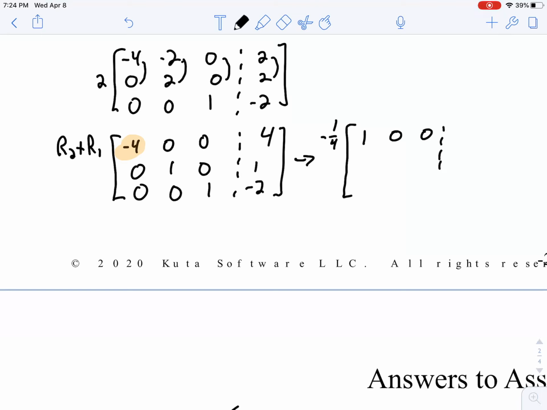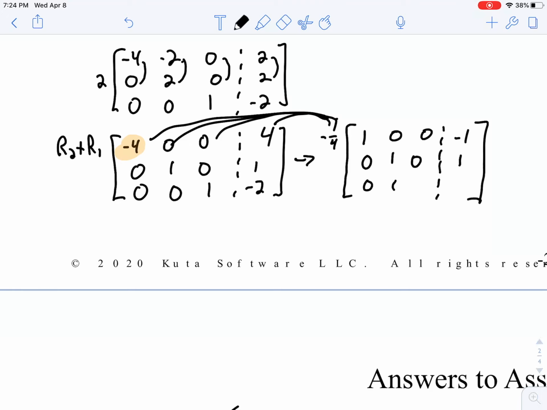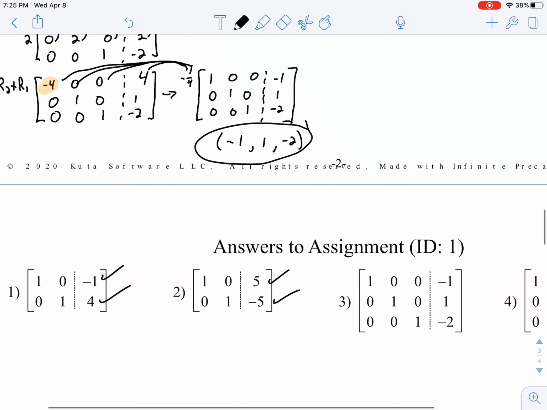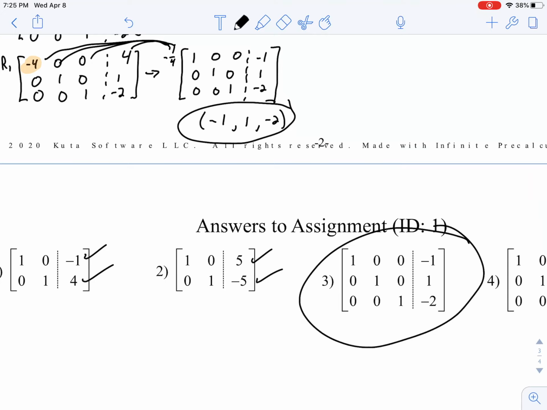Multiply it by 0, you get another 0. -1/4 times 4 is -1. So basically I'm distributing this here, here, here, and here. Then copy all this other work down. And we get our ordered triplet, -1, 1, -2. And that is right there.